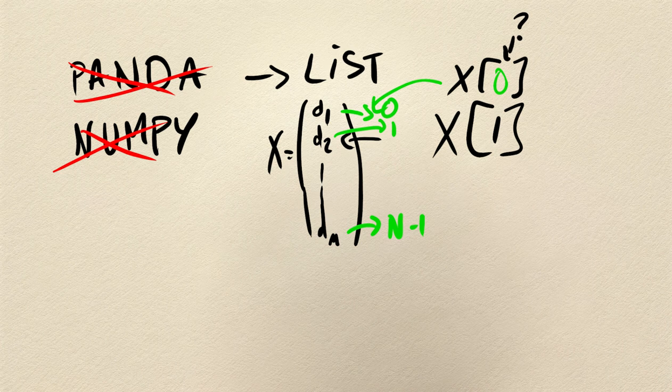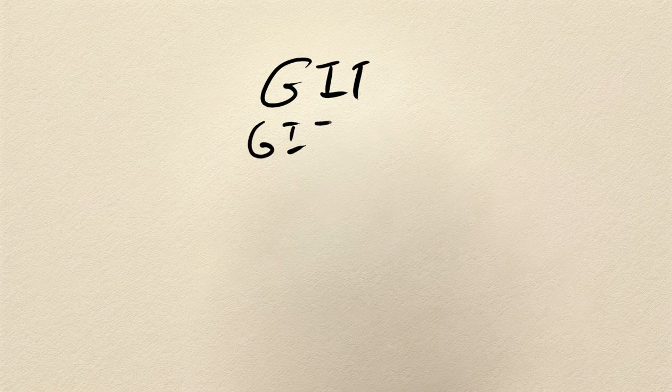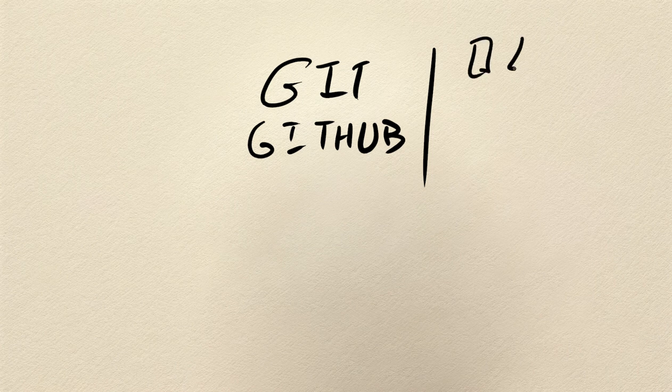Now let's clear up another thing that people are talking about: Git or GitHub. This is basically a version control type of software. It's going to give you different versions of your code and keep track of the versions.